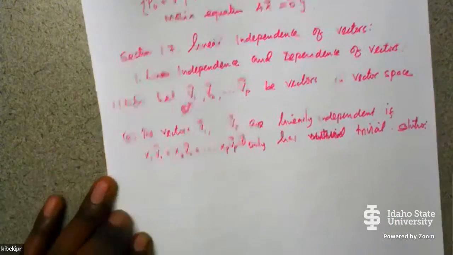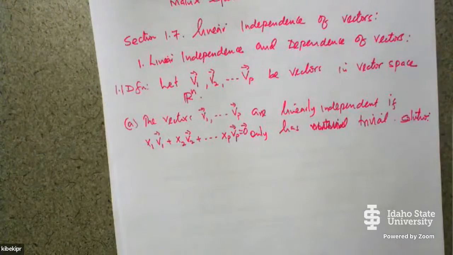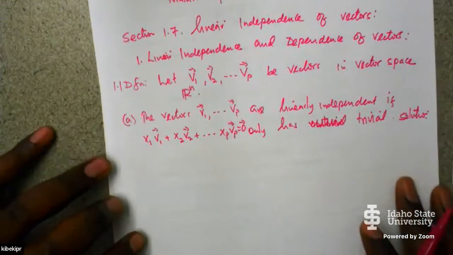For it to have only the trivial solution, that means we don't have free variables.